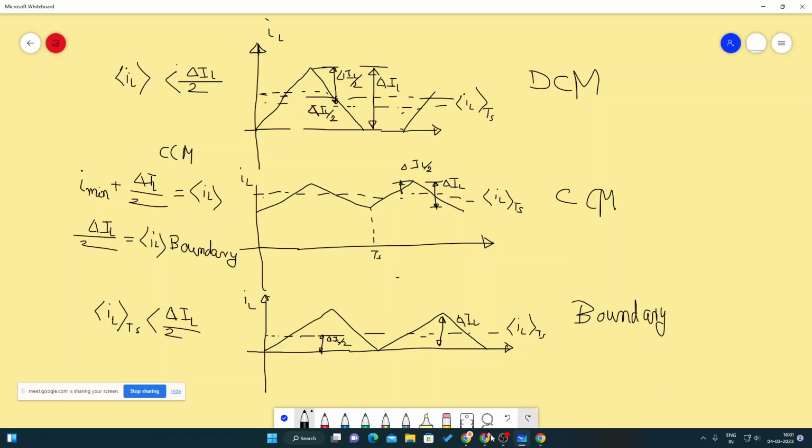So can you tell me about the assignment, the second assignment? What are you asking? Please. I want to derive the formula ID equals VL minus.